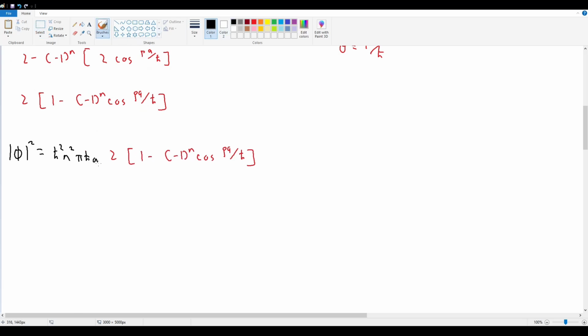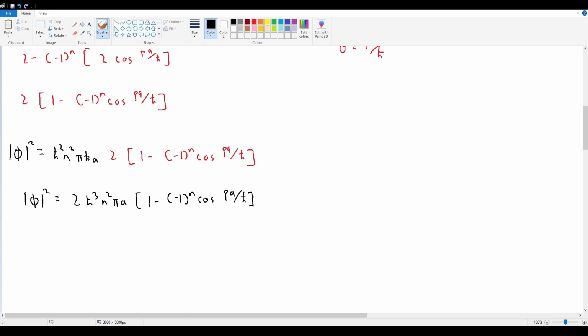Rewriting this a little bit more formally, magnitude phi squared is equal to 2 h bar cubed over n squared pi a times 1 minus negative 1 to the power of n cosine pa over h bar, like that.